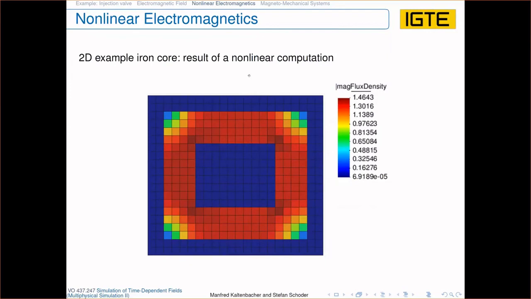You see here very nicely that we get a more or less homogeneous magnetic field over the cross section, also for the other ones. Clearly we have here quite low values, but that is also explained physically.